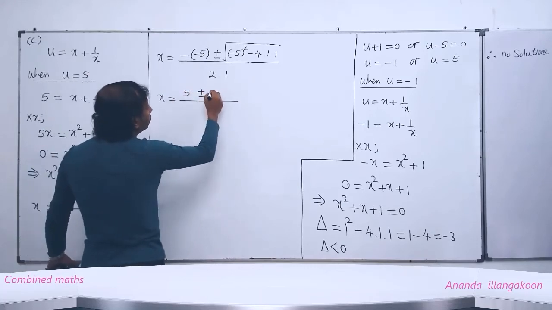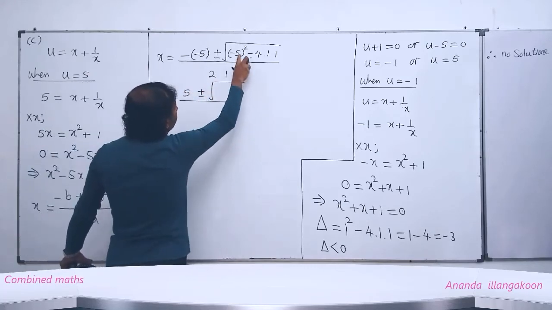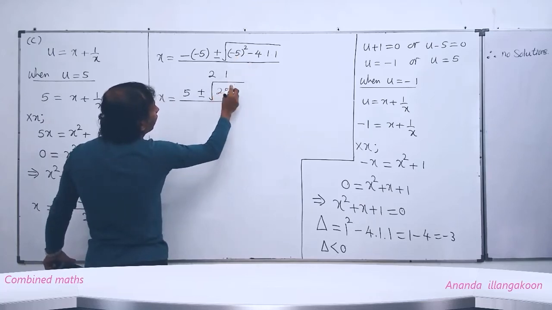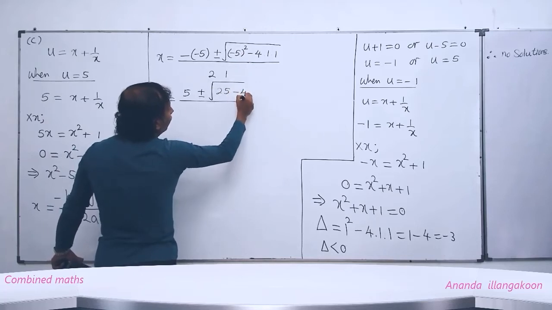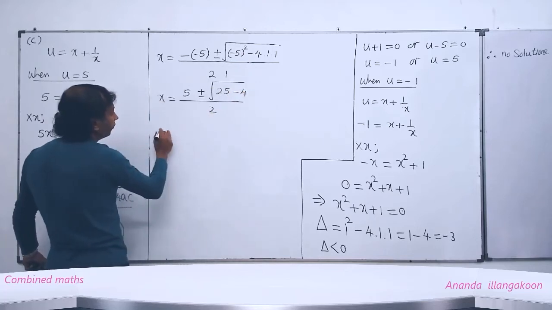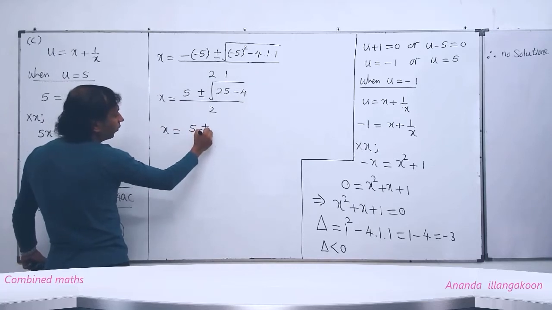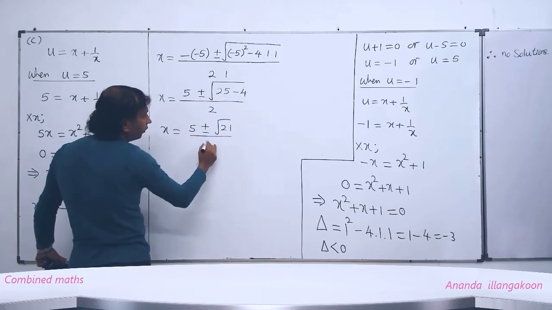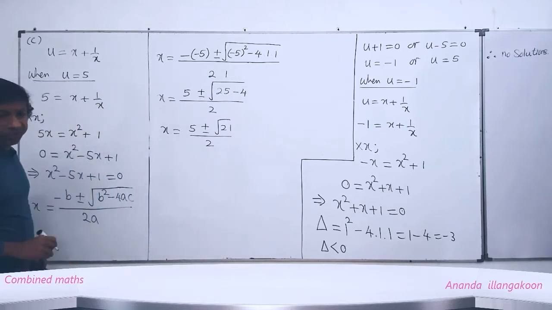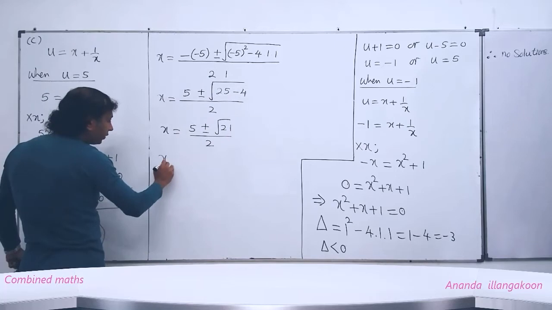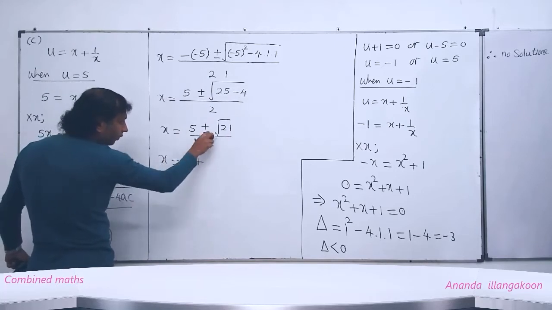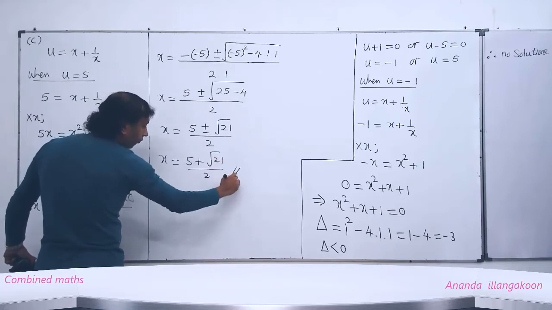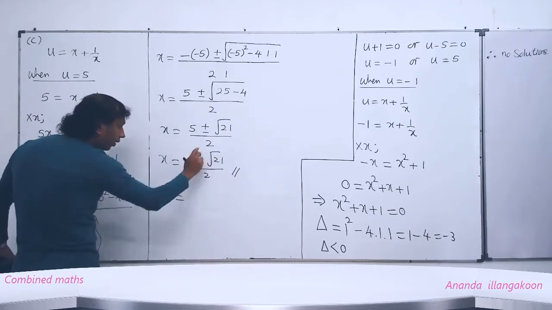Plus or minus. Here 25 minus 4, divided by 2. x is 5 plus or minus root 21, people, divided by 2. Then two answers can be obtained. How, people? Take the plus sign first, and then root 21 divided by 2. One answer is this. The other answer can be obtained by taking the minus sign.